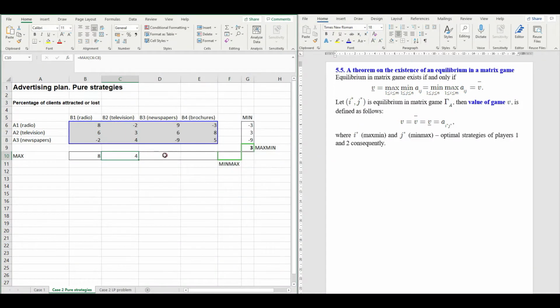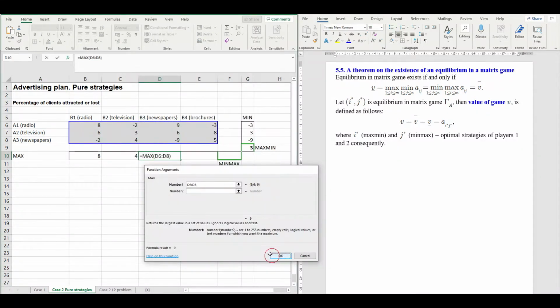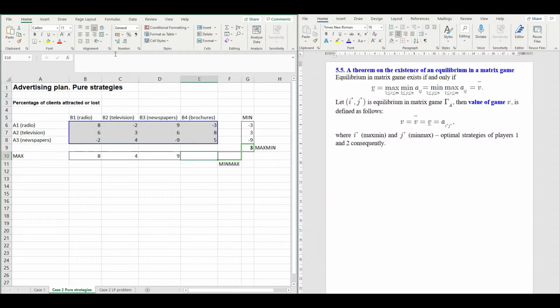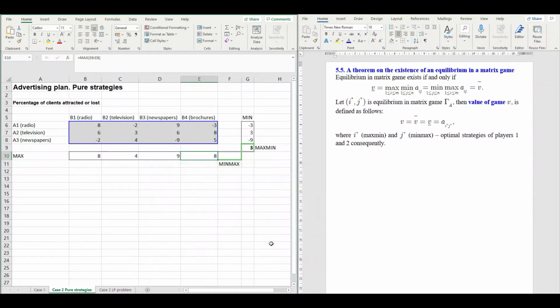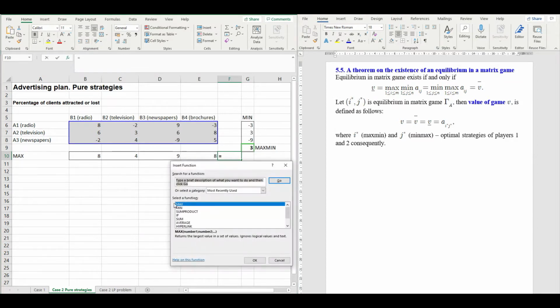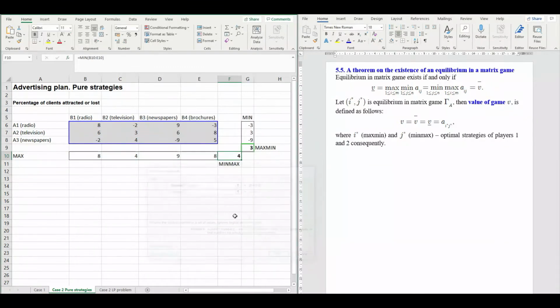For the second, the maximum is 4. And 9 for the third one. And 8 for the last one. Let's find the minimum of these numbers. And the upper value of the game is 4.